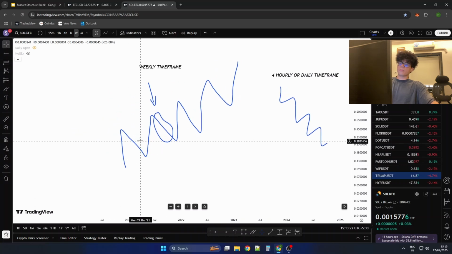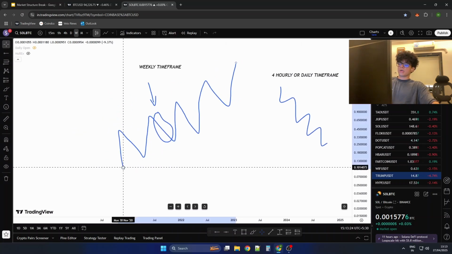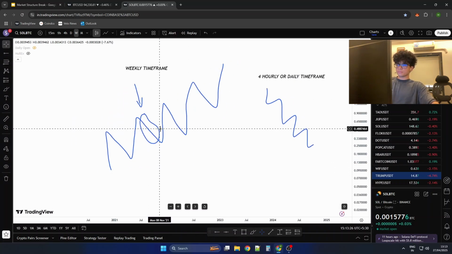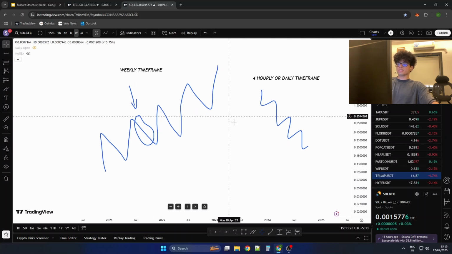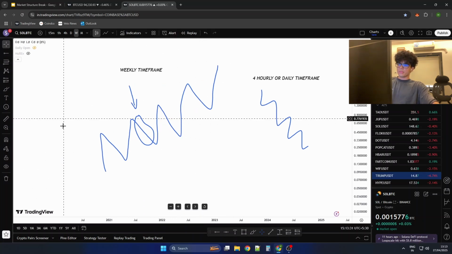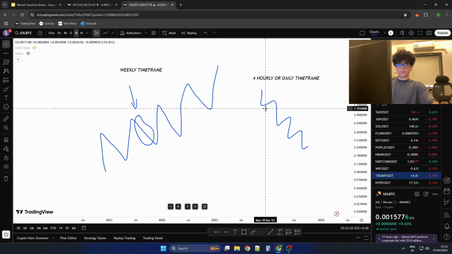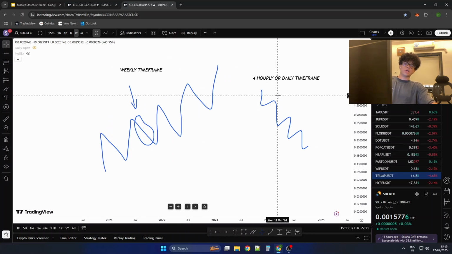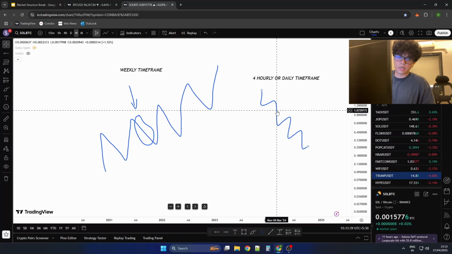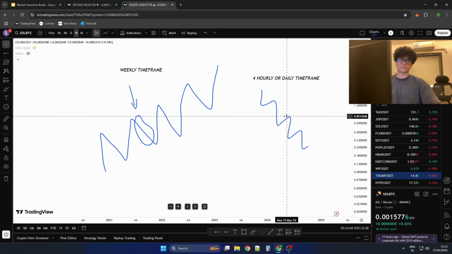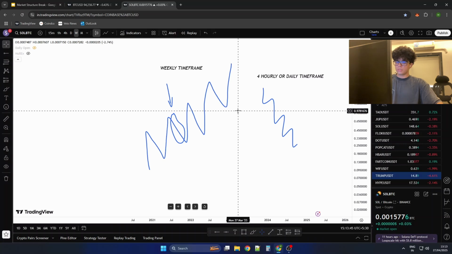But eventually the higher time frame shows you that price is going to go up because it's in an uptrend, right? So this is the biggest misconception: people think if the weekly time frame is in an uptrend, the 4 hour or the daily time frame must also be in an uptrend, right? But that is not the case, as you can see here, right? So yeah.